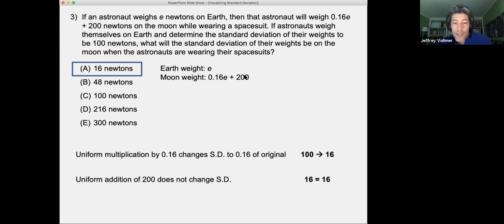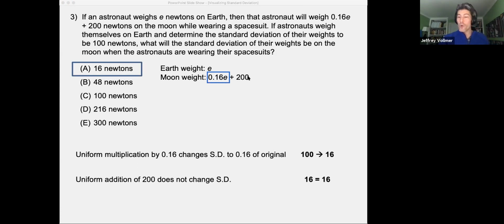Yeah, the 200 doesn't play a role in the separation. Think about this as a function. If you graphed this line, y equals 0.16x, the 0.16 is the slope, which measures how much y changes in relation to x. Every time x goes up 100, y goes up 16.